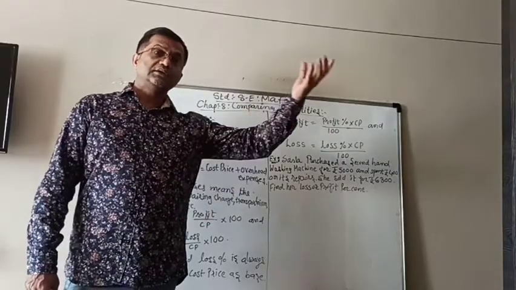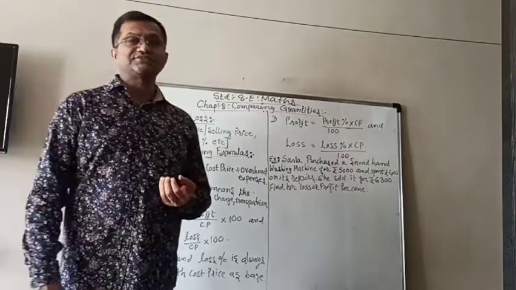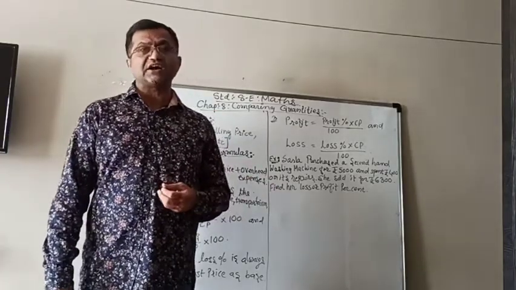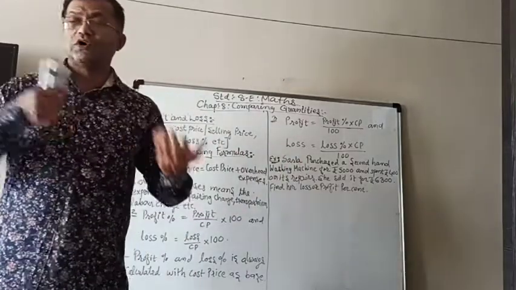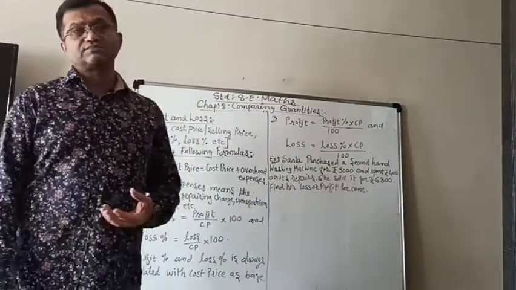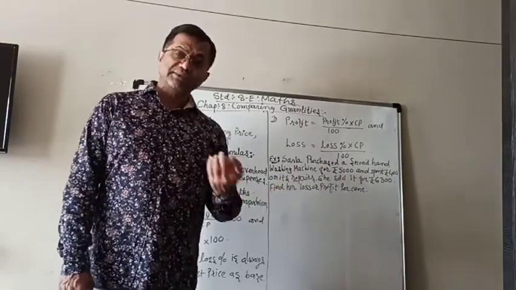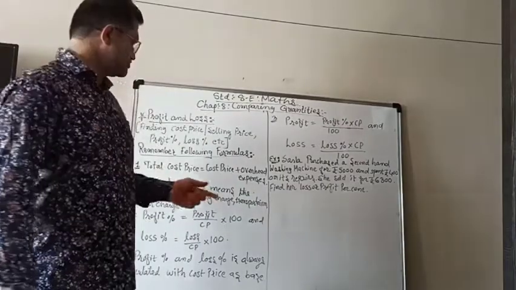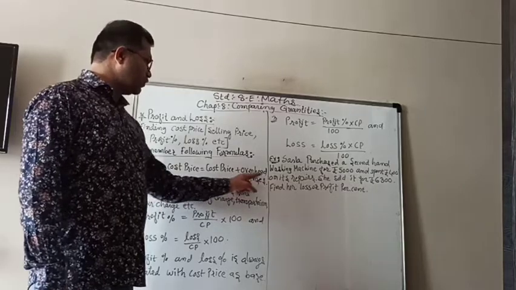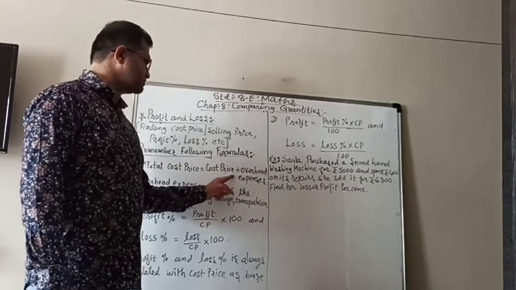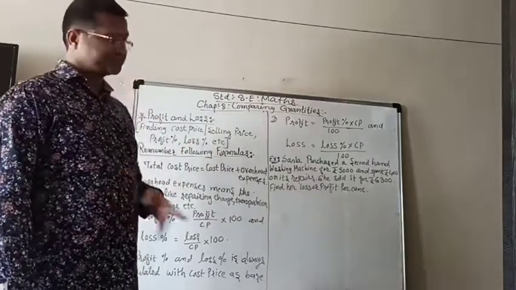So we put it in a truck, and the truck will charge some rupees. So there is the transportation charge. Or some laborers are hired to offload the materials. That is also known as overhead expenses, or some repairing charge. So when we add overhead expenses in the cost price, that is our real or total cost price.